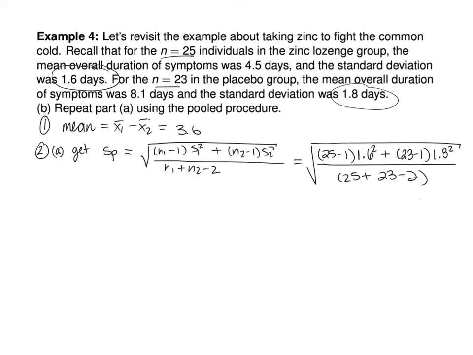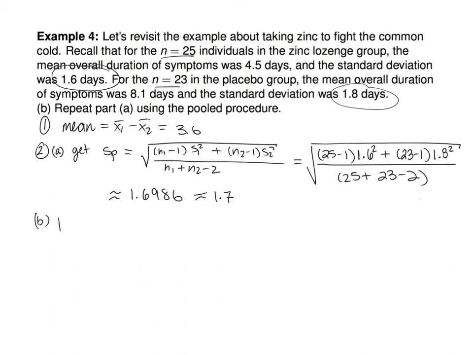To verify, you get approximately 1.6986, which, just to make stuff easier, I'm going to round to 1.7. Okay, now you're not quite done yet. This is just your SP.